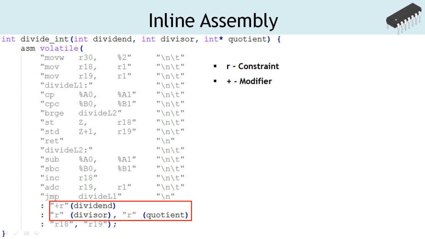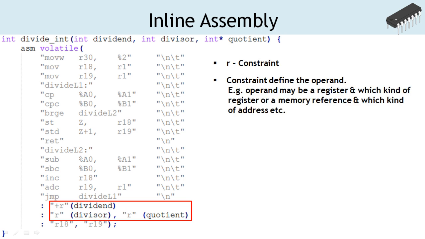The operand dividend is a read-write operand. This is described by the +r constraint before the operand. The plus sign is a modifier which tells the compiler the operand is read-write. The letter r is called a constraint. Constraints define whether an operand may be a register and which kinds of register, whether the operand can be a memory reference and which kinds of address, and whether the operand may be an immediate constant and which possible values it may have.